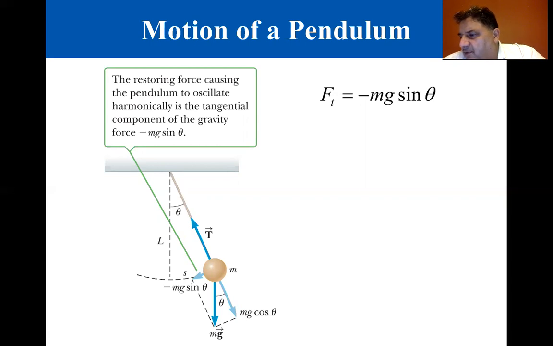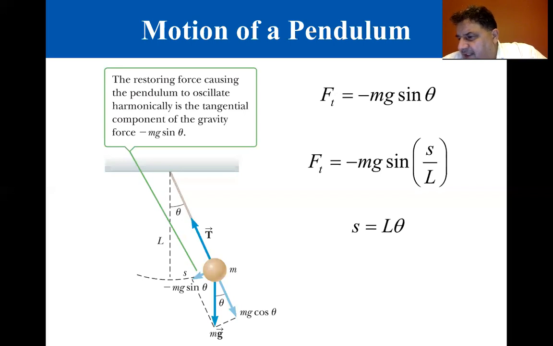From the figure, the restoring force is shown here: F sub t equals minus mg sine of s over L. Since s equals L theta, the equation for F sub t can be written as shown. This expression isn't of the form F equals minus ks, so in general, the motion of a pendulum is not simple harmonic.